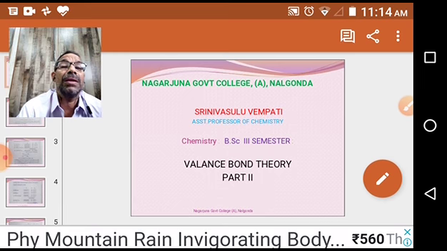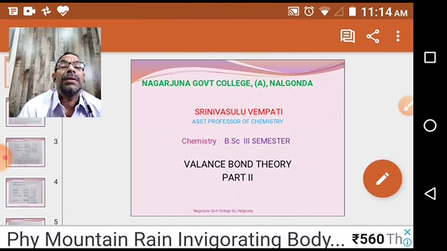If the n-1 d orbital is involved in hybridization, we call that complex an inner orbital complex, whereas if the nd orbital is involved, we call that complex an outer orbital complex.